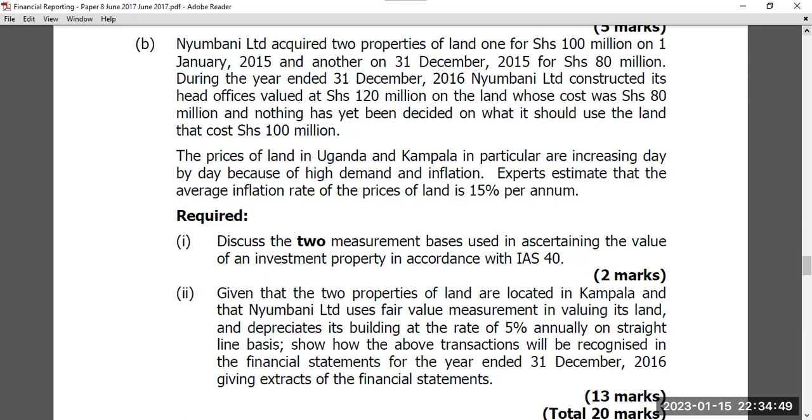The second one, we look at the model that you are going to be using, and which standard is going to be used to account for that and why. Those are the key items you're supposed to be following whenever you are answering some of these questions, especially on non-current assets.